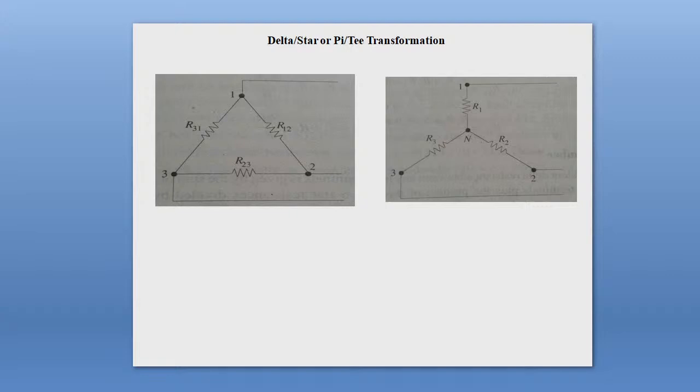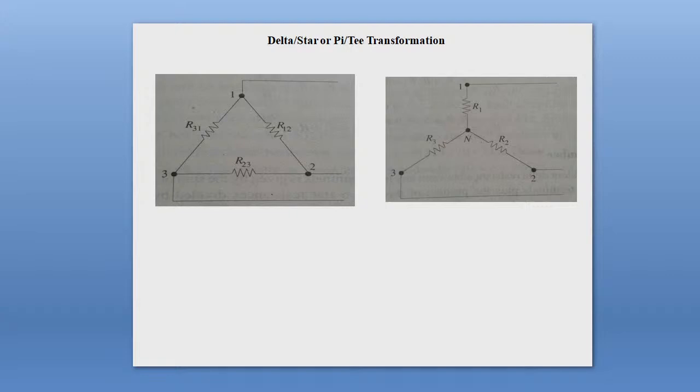The first step is to calculate the resistance across the three terminals. Each network has three terminals, denoted by the numbers 1, 2 and 3.